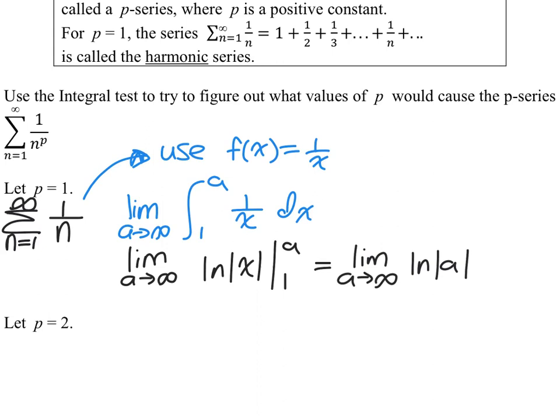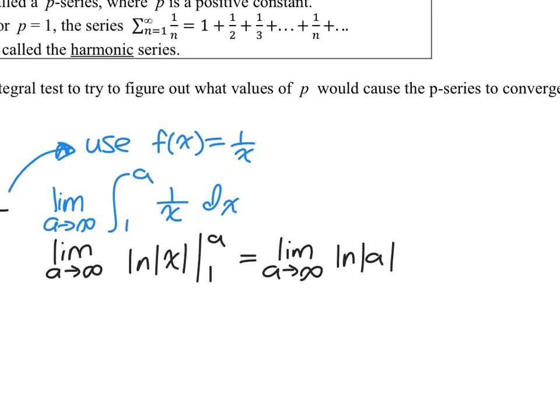If you know anything about a natural log function, you'd know that this is going to go to infinity. If you didn't, then you type in ln of x in your calculator and start scrolling in your table and see where it goes. It's going to get real big eventually. Natural logs don't increase at a very rapid pace, but they do increase to infinity. So this is going to go to infinity.